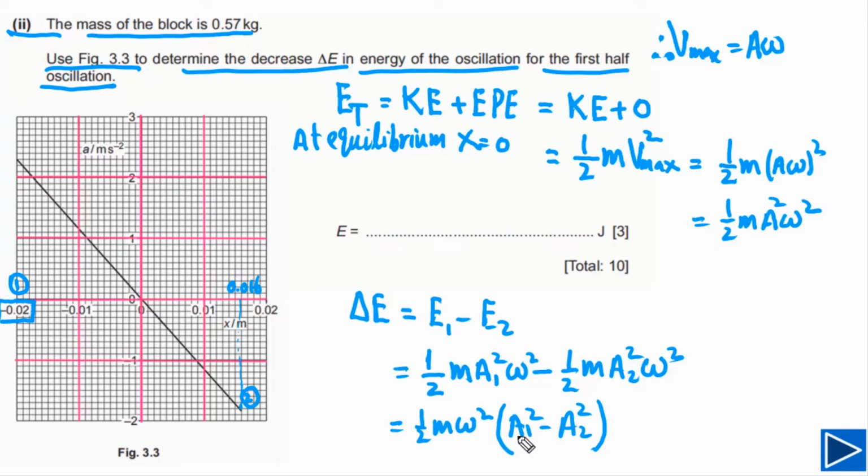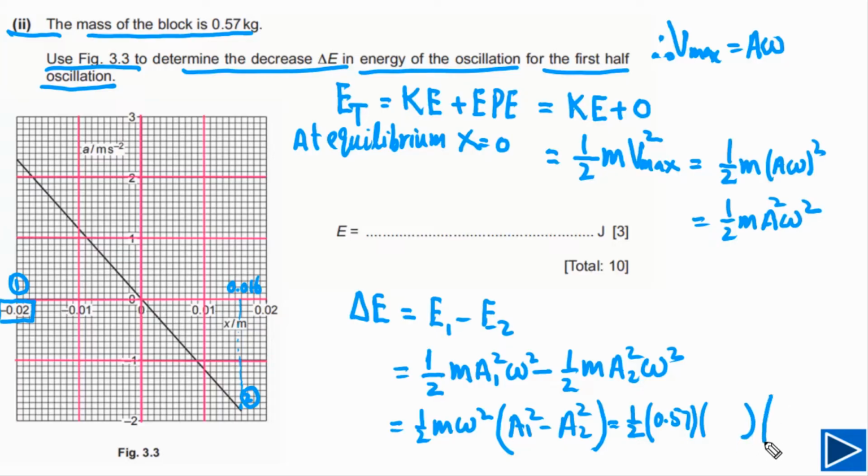Now simply we need to plug in values of A1 and A2 and omega and mass. Mass is given to us, A1 is given, A2 is given. So this is equal to 1/2, and we can plug in value of the mass. Mass of the block is 0.57, but we don't have value of omega squared, so we will leave this one for a while.